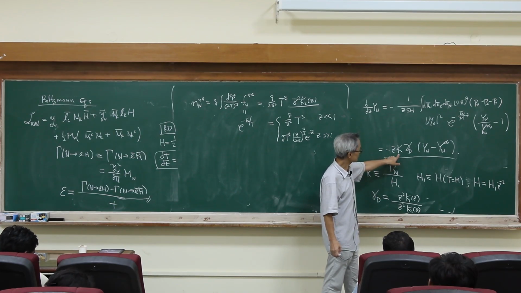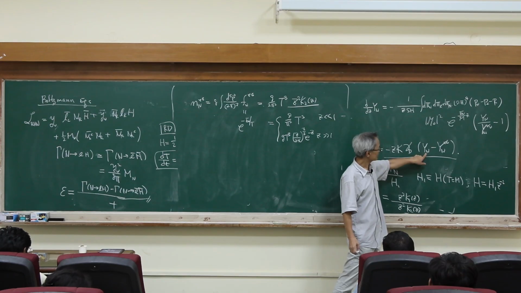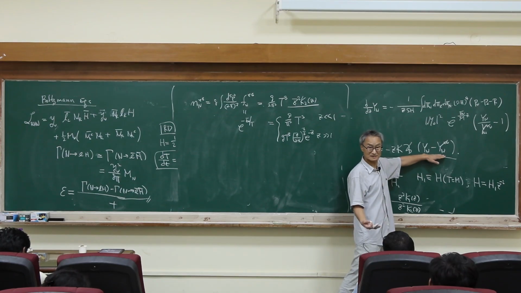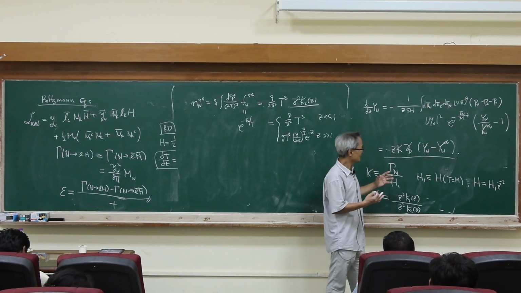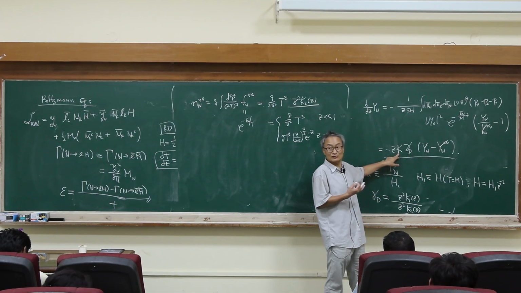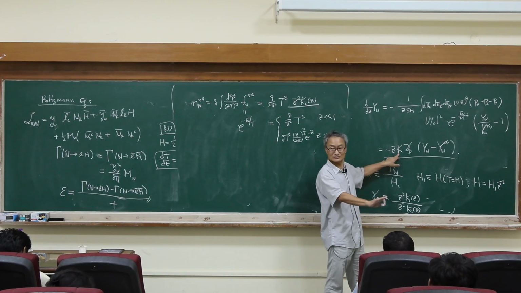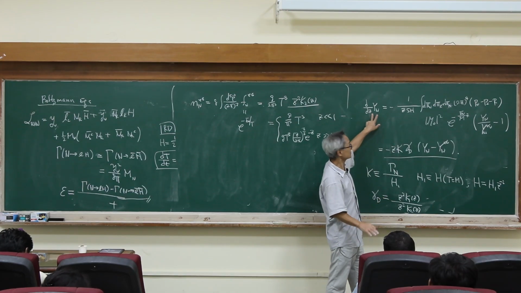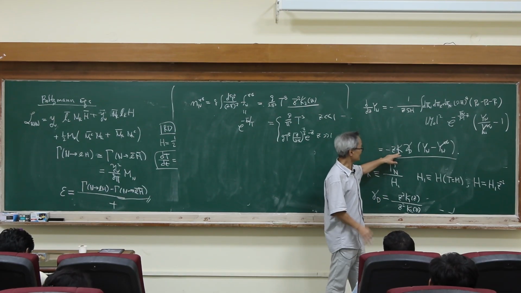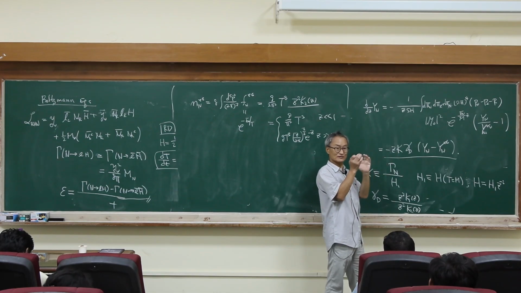So if K is large, then Yn follows equilibrium with a delay, so the final number will then reduce. If K is very small, maybe it is never in thermal equilibrium, K going to 0, nothing. It's 0, right? And then K equal to 1 is kind of optimal for leptogenesis.